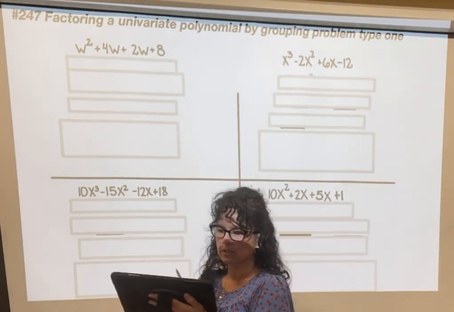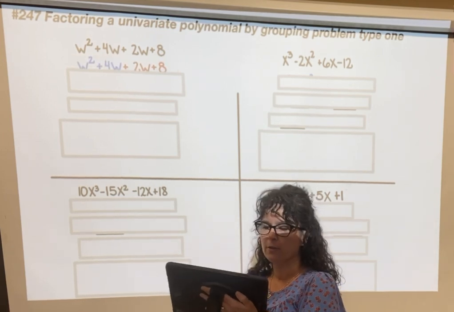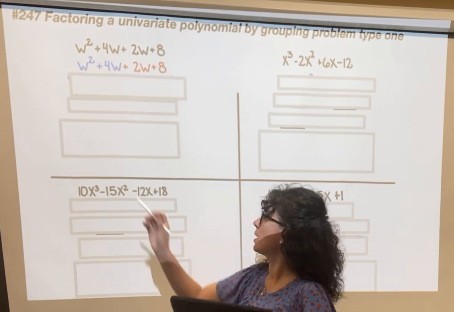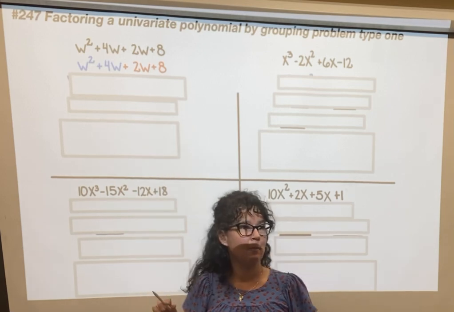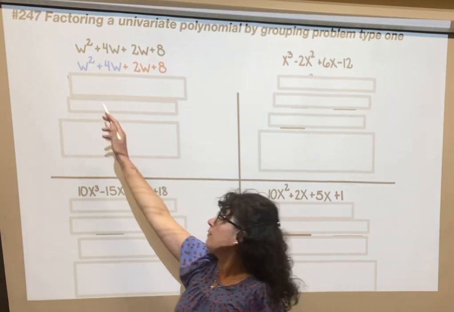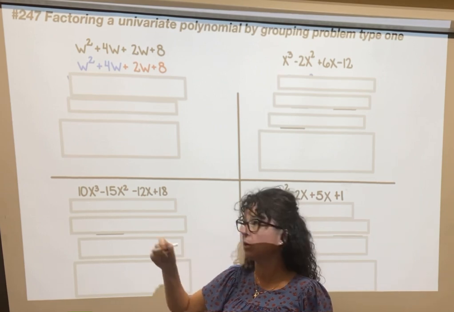Starting off with this first problem, I'm going to group the front 2 and the back 2. I've got my blue ones in the front and my red ones in the back. Focusing on the blue ones, we want to take out whatever's in common to both.